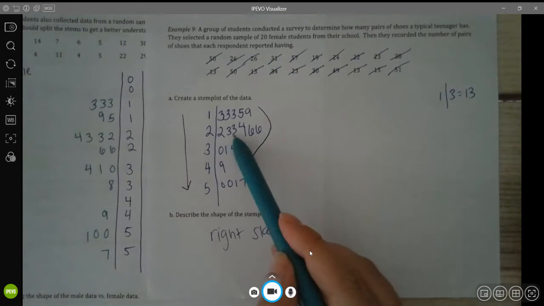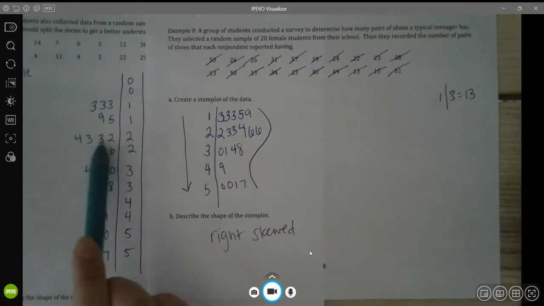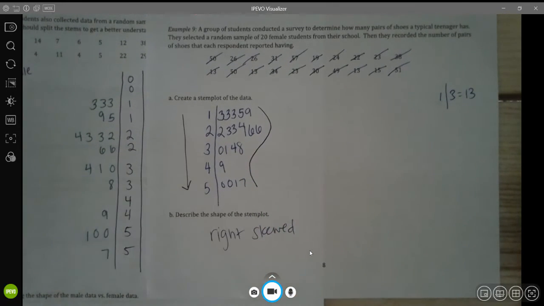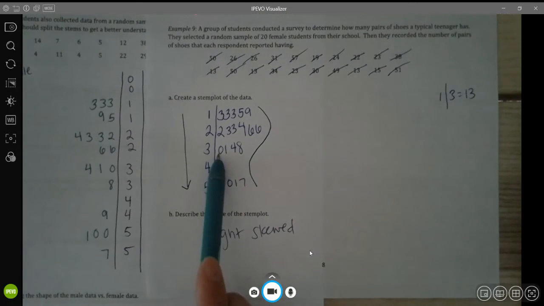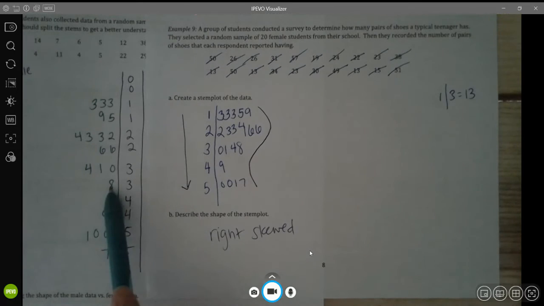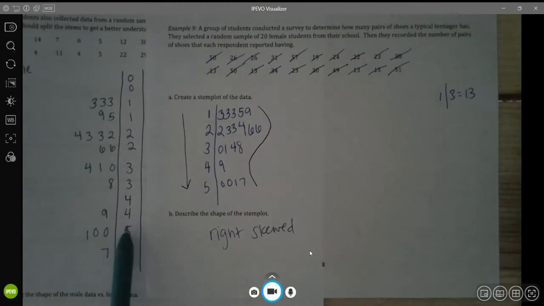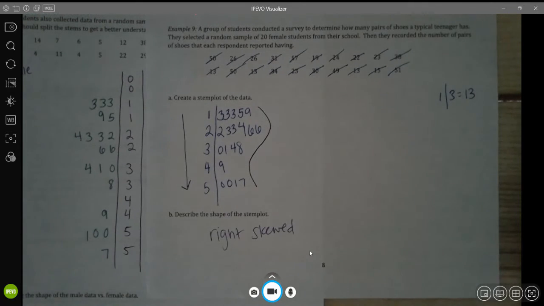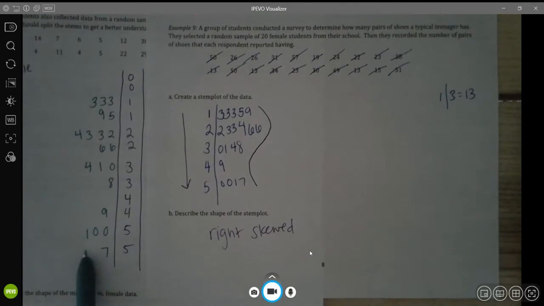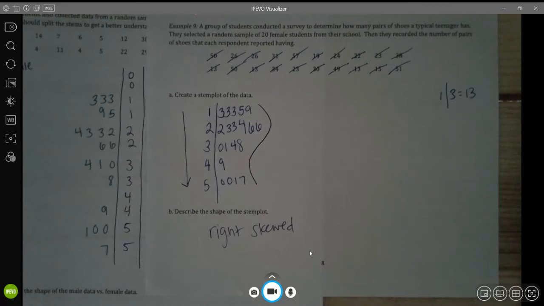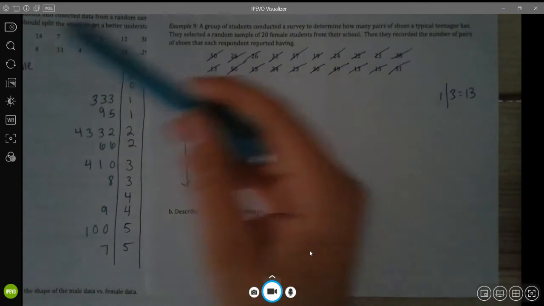Instead of putting 2, 3, 3, 4, 6, 6, the 2, 3, 3, 4 are here, and the 6 and 6 are here. In the 30s, everything from 30 to 34 goes here, 35 to 39 goes here. There's nothing from 40 to 44, I'm sorry. From 45 to 49, we just have 49. 50, 50, and 51 are here. 57 is down here.